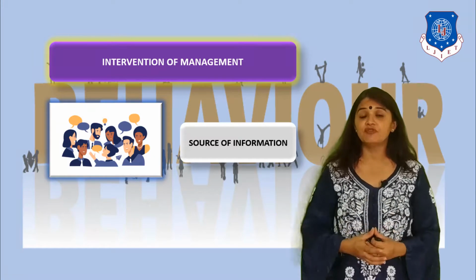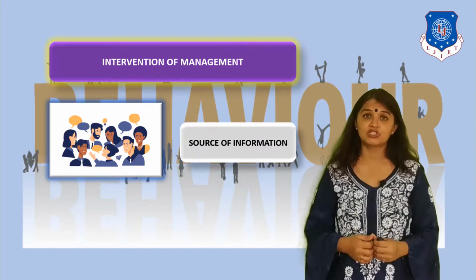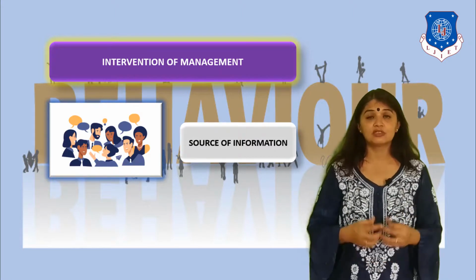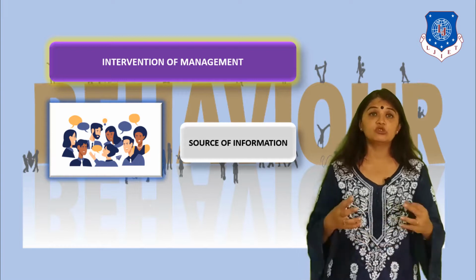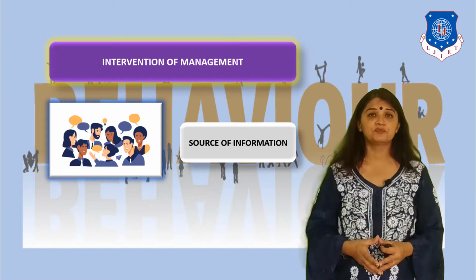It is an easy way to know who does what in the organization, because sometimes who does the work doesn't reflect outside. So that is why rumors and gossip are treated as good.